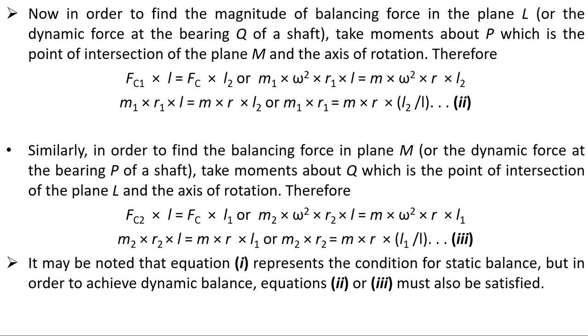Omega square gets cancelled, so we are left with m1 into r1 into L equal to m into r into L2. Sending L to the denominator, we get m1 into r1 equal to m into r into L2 by L. This is equation number 2.